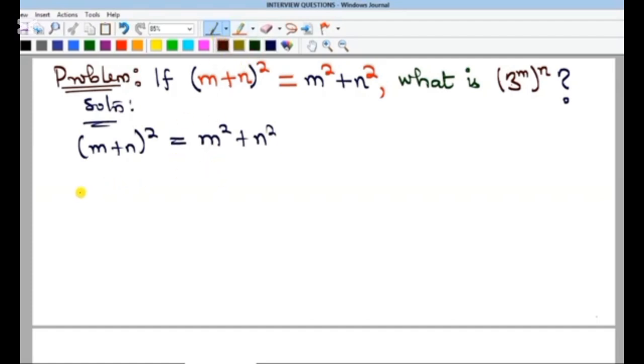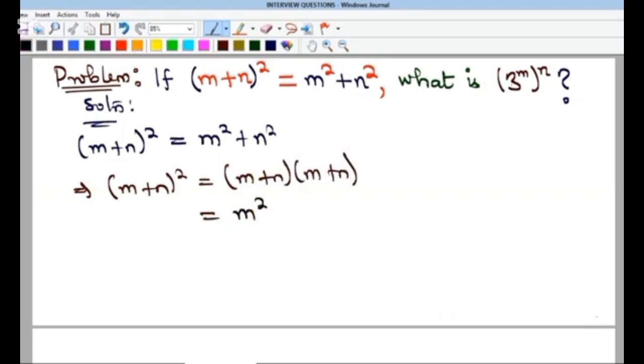It's obvious that this is actually not the complete expansion. If you go to expansion of brackets or binomial theorem, we know that (m + n) all squared is actually the same thing as (m + n)(m + n). If you expand this, you are supposed to get m squared plus 2mn.